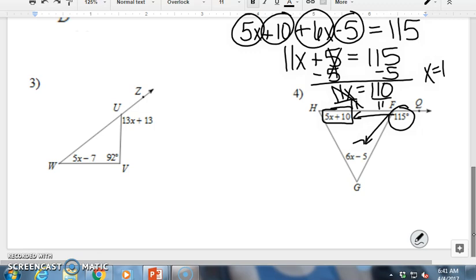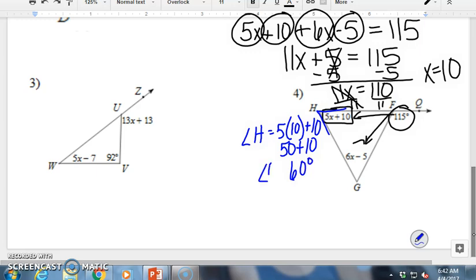We get x equals 10. So for angle H, I get 5 times 10 plus 10. So 50 plus 10 is 60 degrees for angle H.